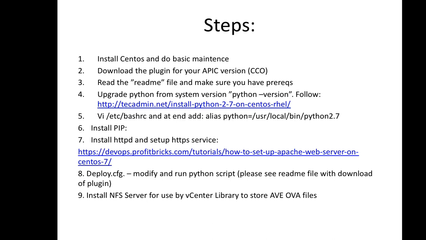And then as an extra bonus, we are also going to install an NFS server on that VM. The reason being is that you have to take the OVF file from CCO and push it down to a library in vCenter, like we talked about a little while ago. Now this library needs a backing for storage.